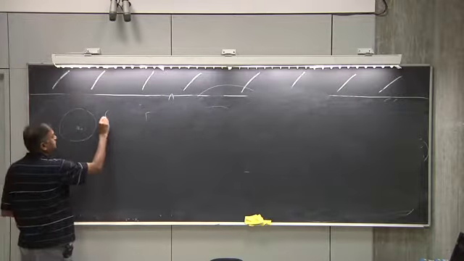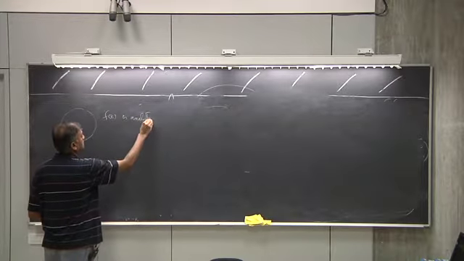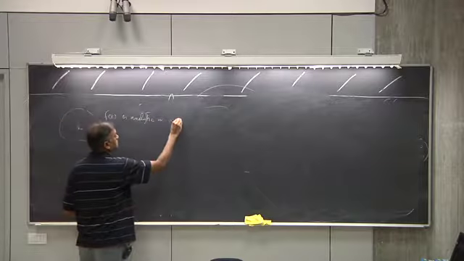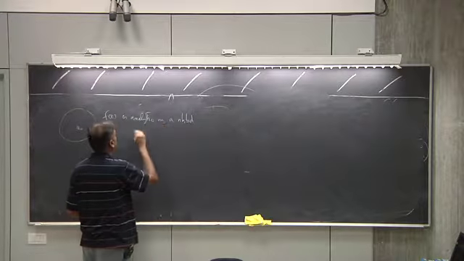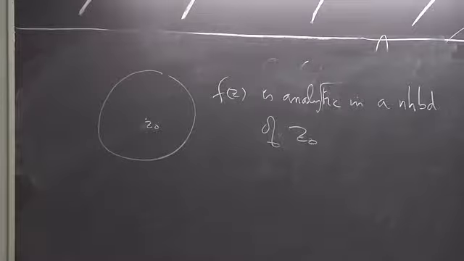So suppose the function f of z is analytic in a neighborhood of z0. Then I can of course do a Taylor expansion, right?